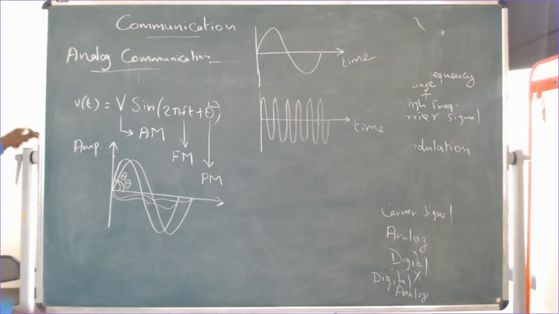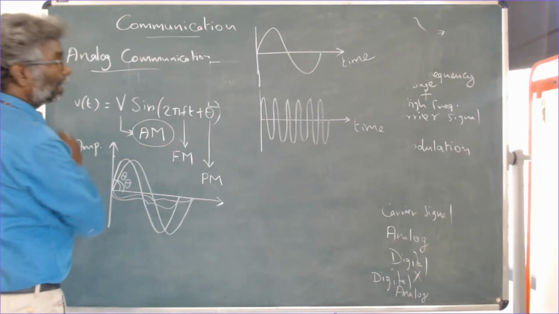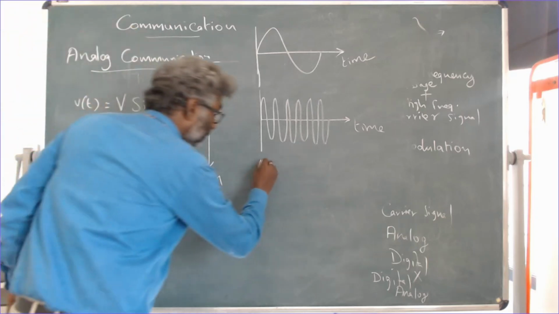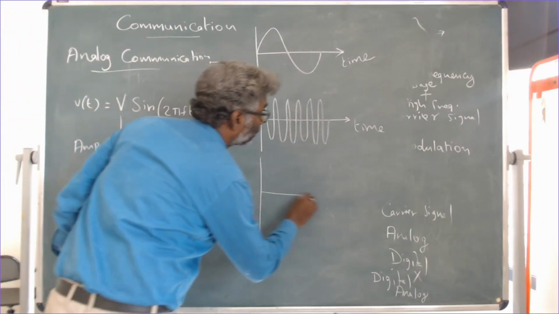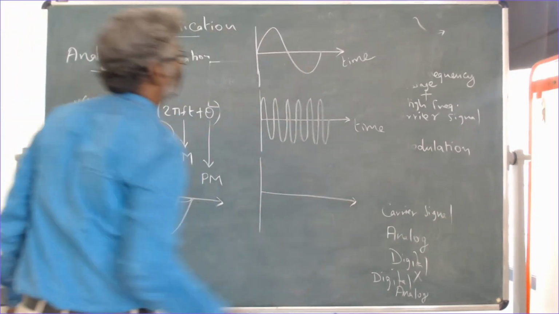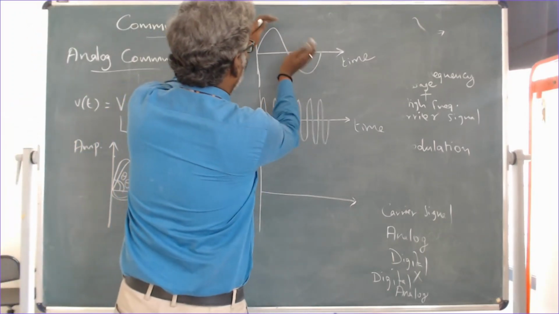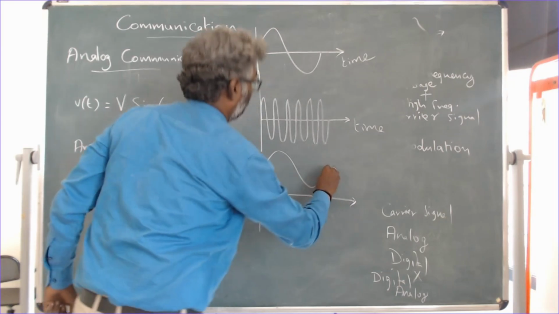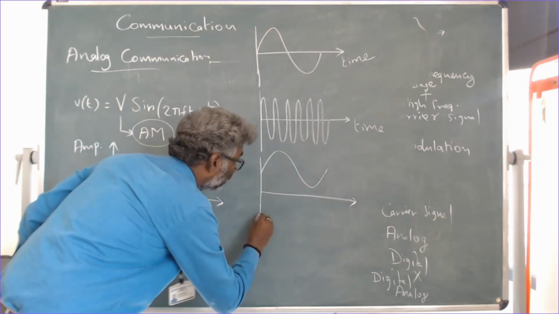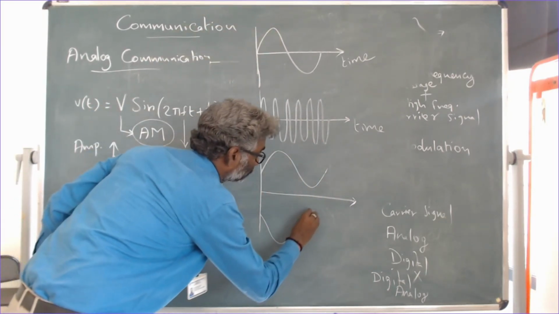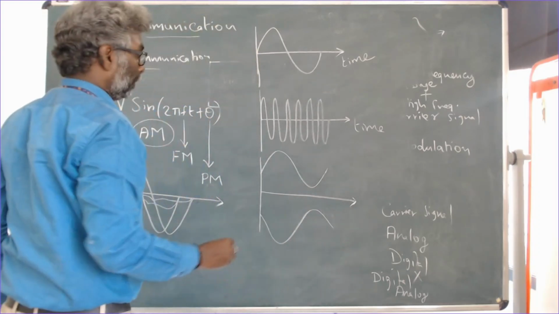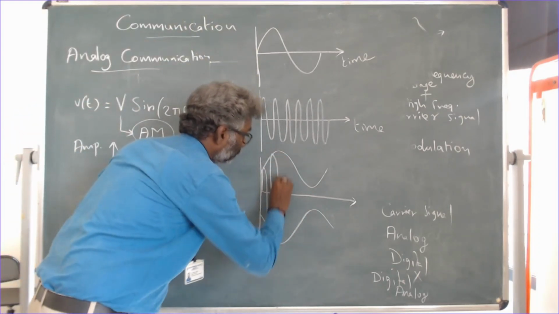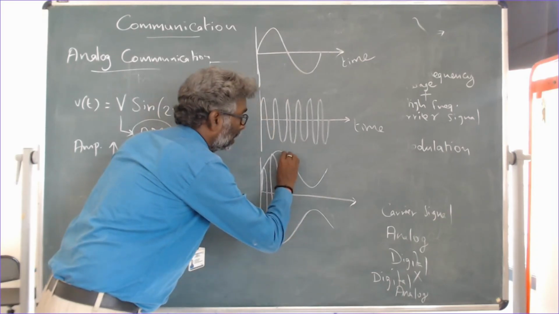In amplitude modulation, the amplitude of the output is going to be varying. Look at the picture. We have to take the shape of the original waveform, the sinusoidal waveform. Within that, we have the carrier signal.